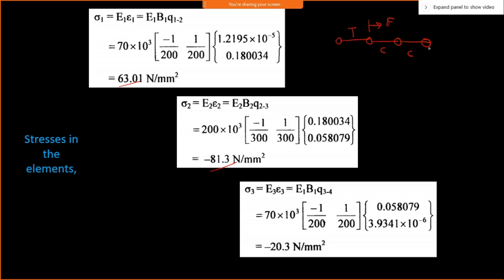This will be in compression because it is fixed with this. Tension will have a positive sign, and here it is a negative sign. This also will have a negative sign. That is the physical significance you can correlate.